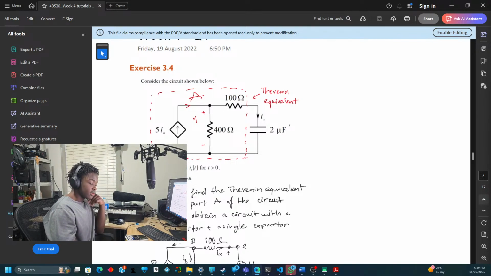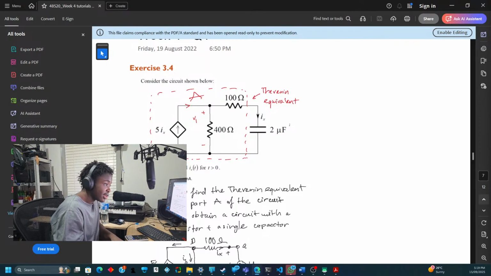This is equal to, no, it's 15 so it becomes 1500 dIx over dt.